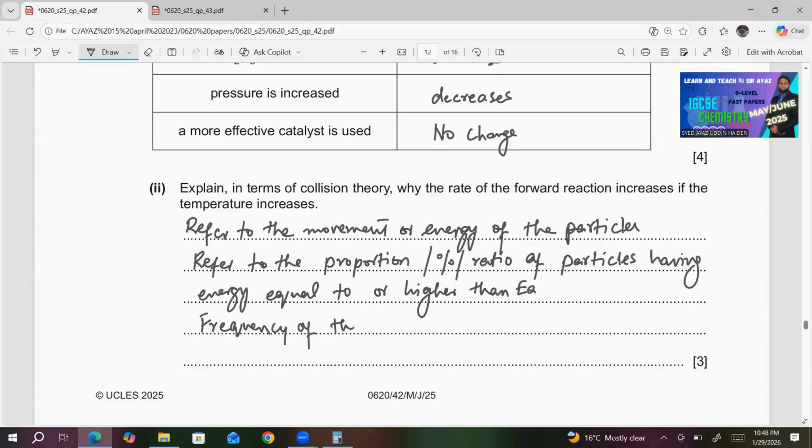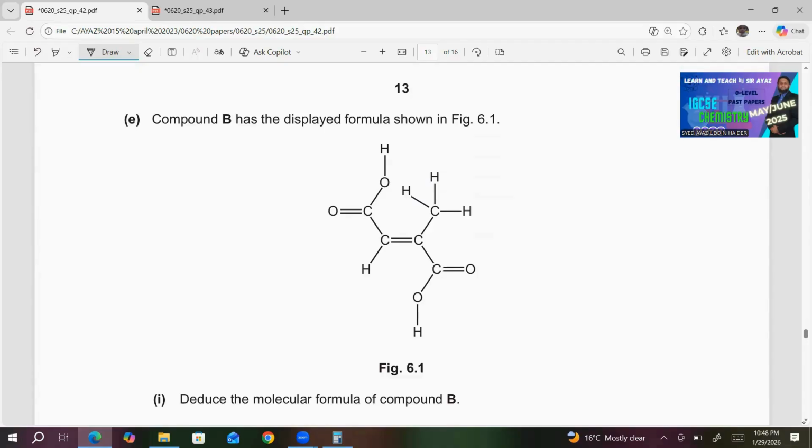So in this way, you are going to gain 3 marks for this question.